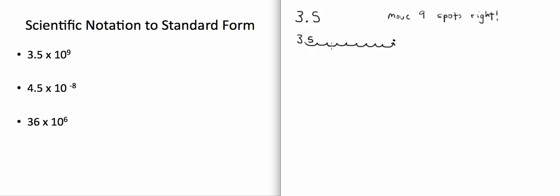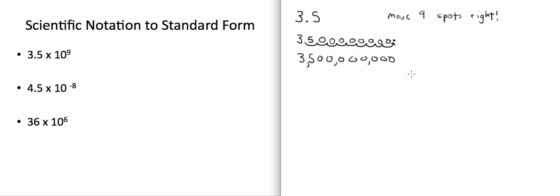Now, because we were doing that, we have all these empty spots here. We put in zeros wherever we don't have numbers, so we placehold it with zeros. So this number is actually this very big number here.